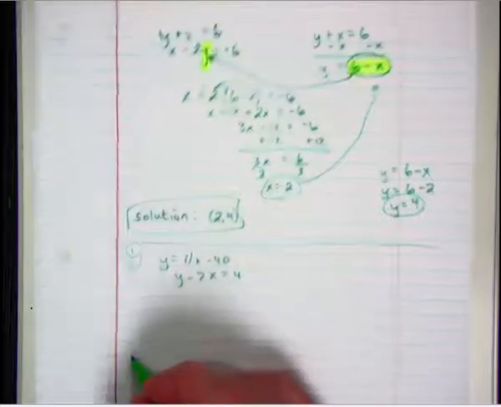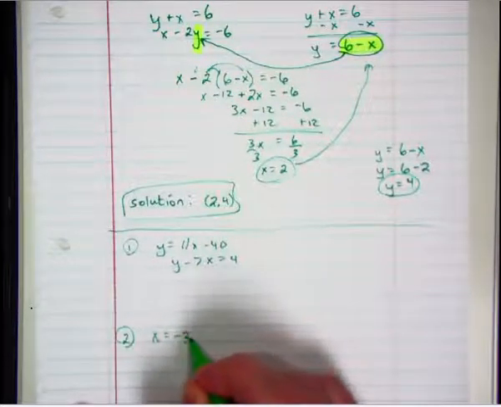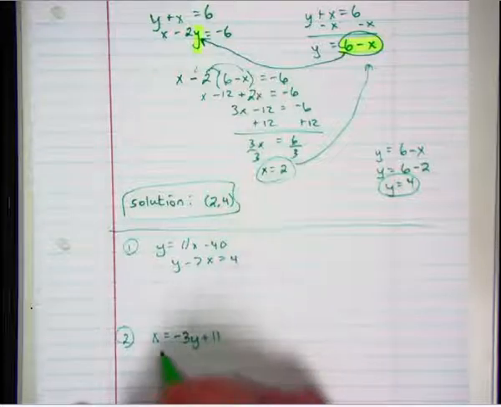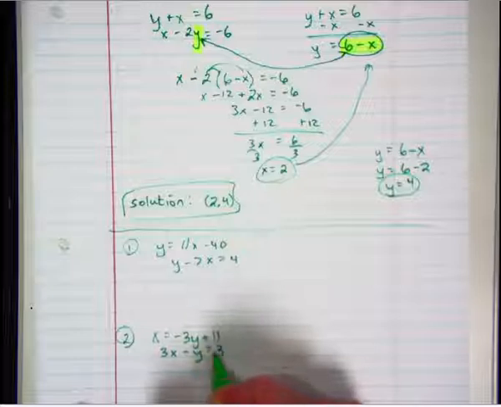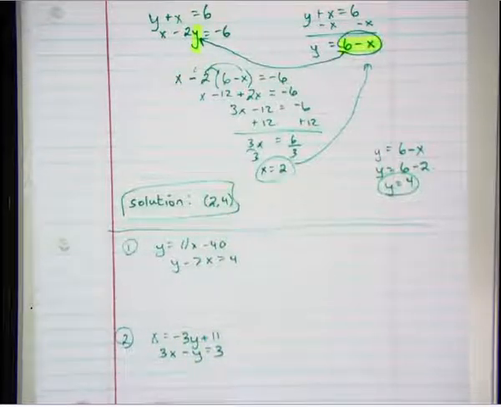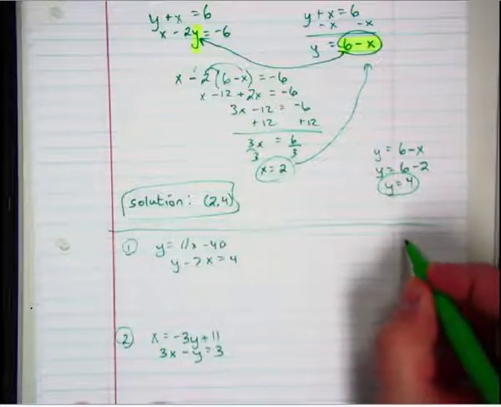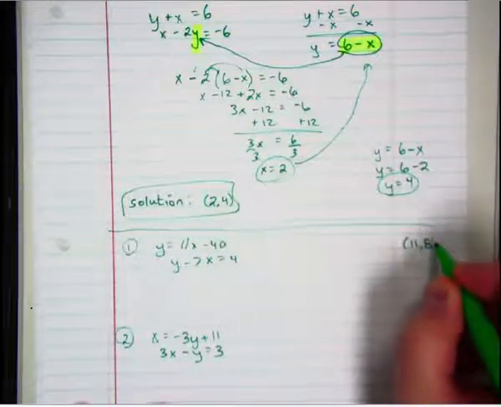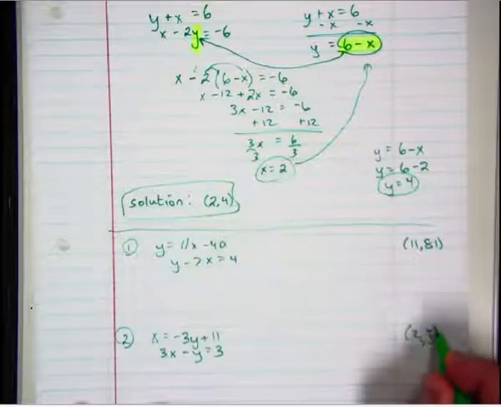The other one, if you could please try x equals negative 3y plus 11, and 3x minus y equals 3. Okay? I will even tell you the solution to this one is the point 11, 81, and the solution to this one is the point 2, 3.